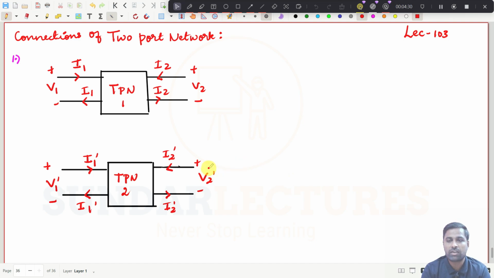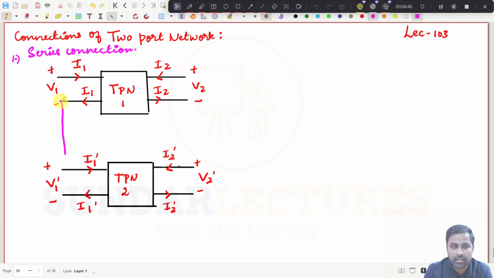Try to understand what we are going to do now. We are going to connect them in series connection. So I will put this in a different color. You have to connect these two, and these two are connected.